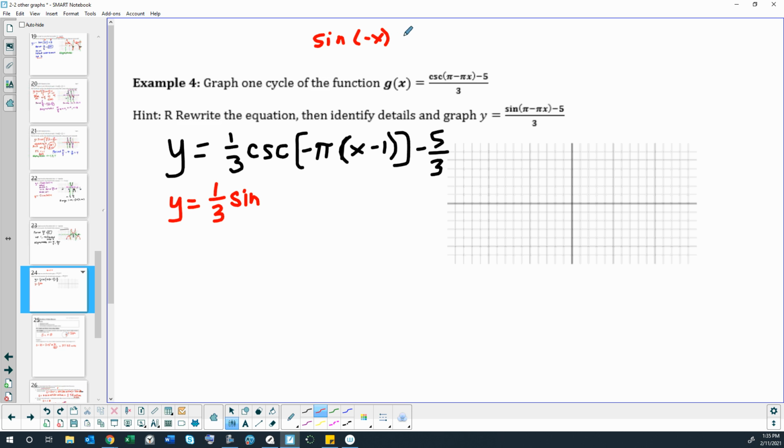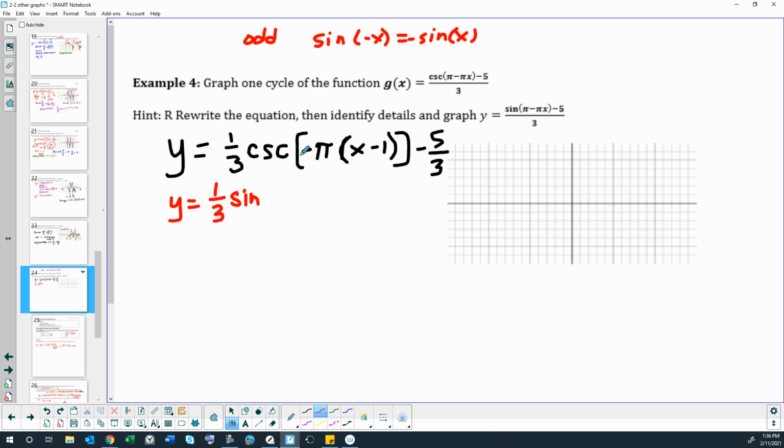The sine of negative x is the same as negative sine of x. And that's because it's an odd function. So if you plug in a negative x value, you get the opposite y value. That's kind of the idea behind that, and that's our odd identity, or odd property for its symmetry.